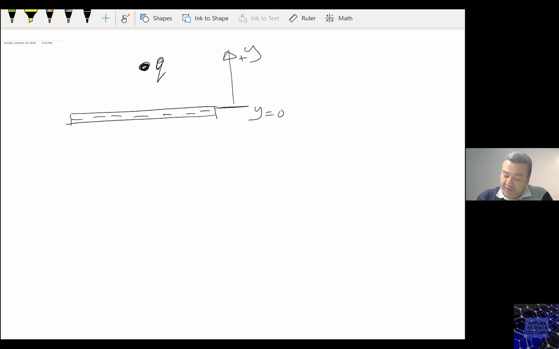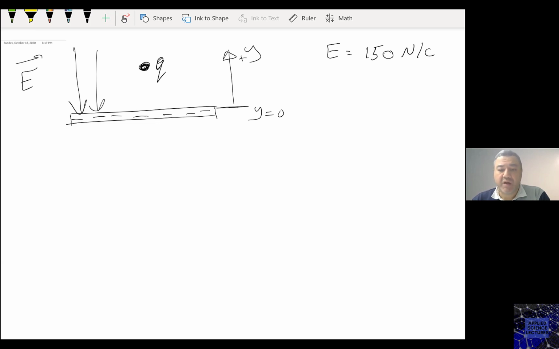The electric field is 150 Newton per Coulomb. We have the distance here. We call this one Y as 1 meter from the plate.